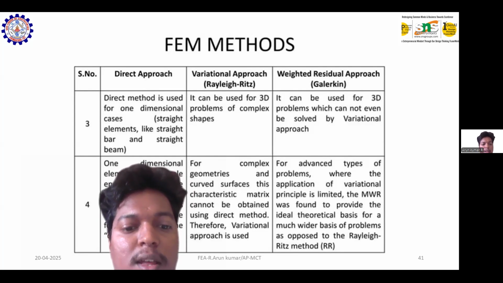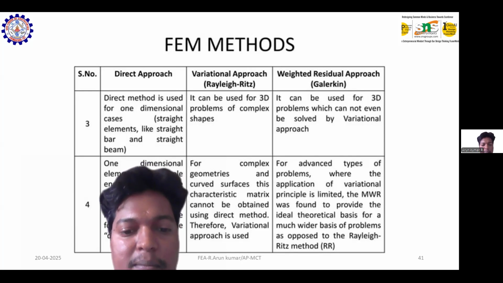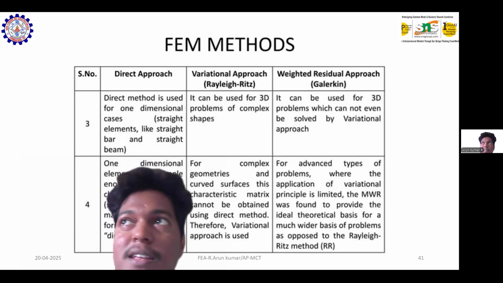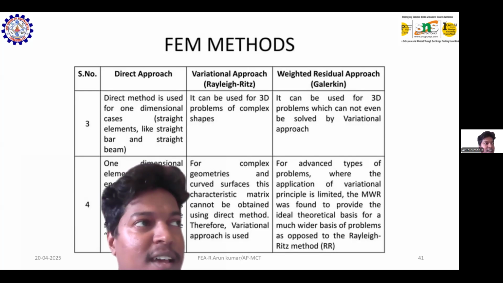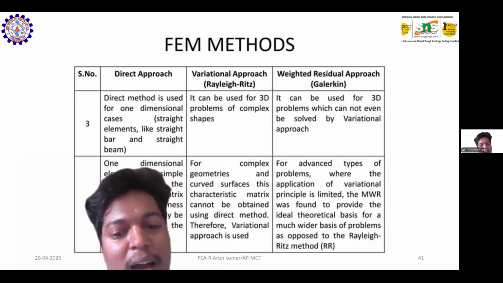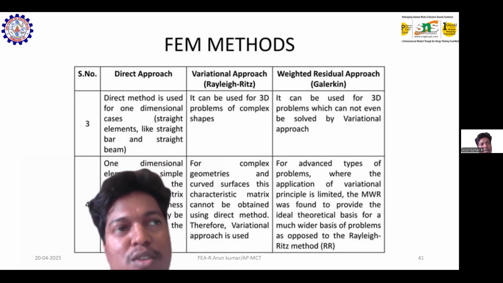The fourth one: one-dimensional elements are simple enough that the characteristic matrix and the structural stiffness matrix can usually be formulated by the direct method. For the Rayleigh-Ritz method, for complex geometries and curved surfaces, the characteristic matrix cannot be obtained by the direct method. Therefore, the variational approach is used.